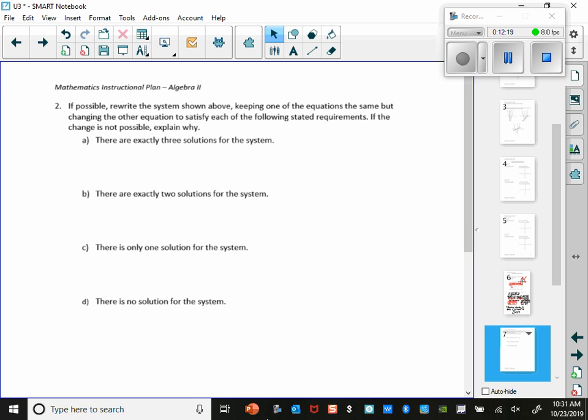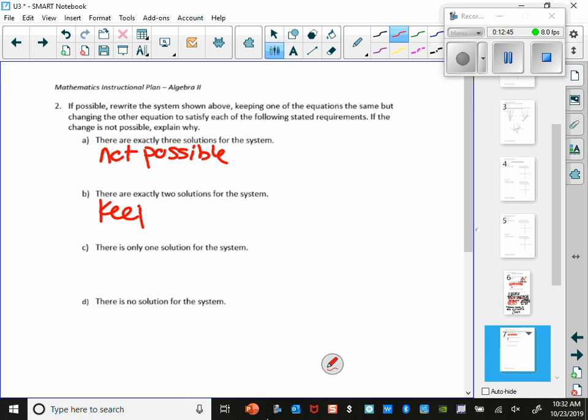No, what's the maximum number you could have? 2, so this is not possible. So can I have 2 solutions? Yes. Did I have 2 solutions in that previous problem? Yes. So do I need to change those graphs at all? No. Nope, so keep the same for those graphs.